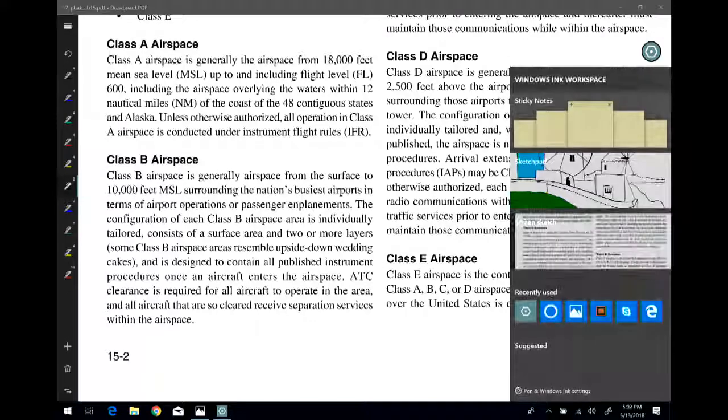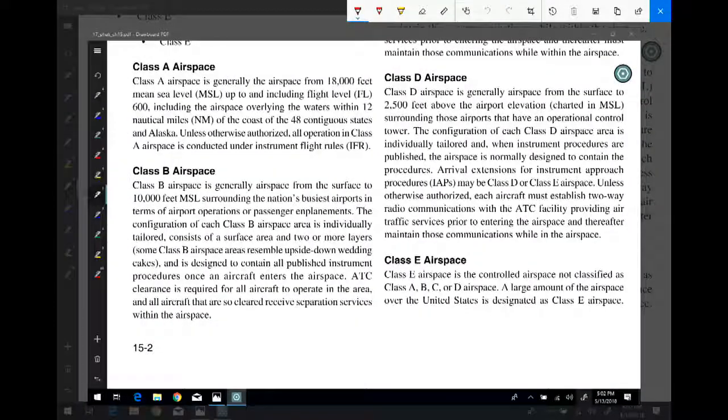And so the things that I want you to remember about the class airspace is from 18,000 feet up to and including 60,000 feet, okay?